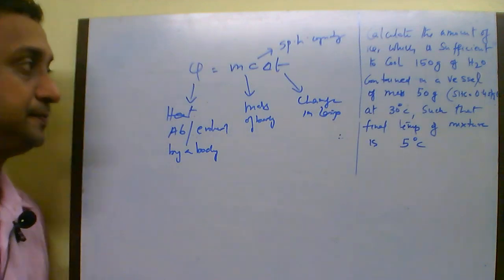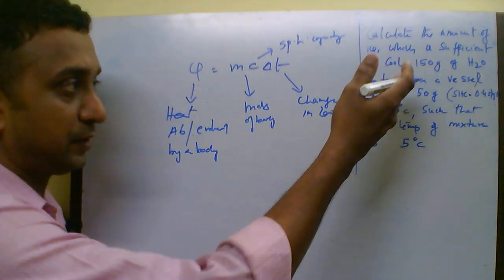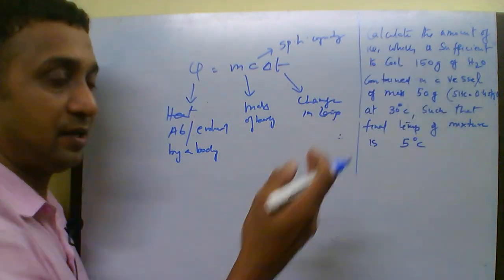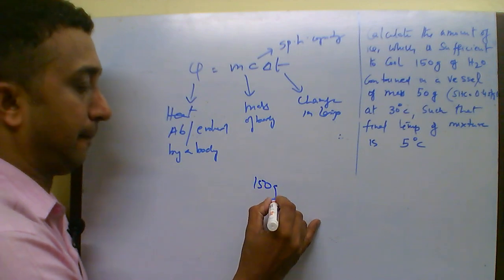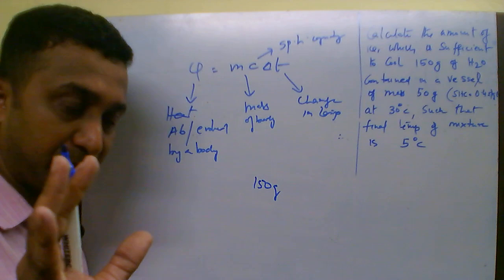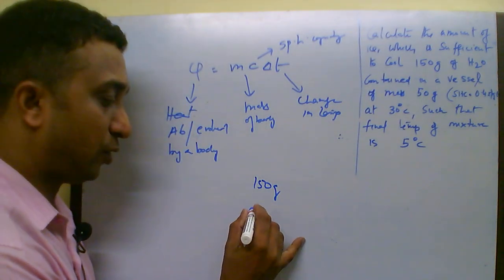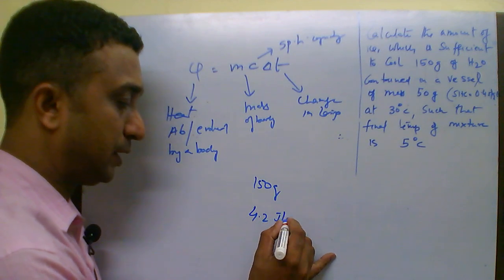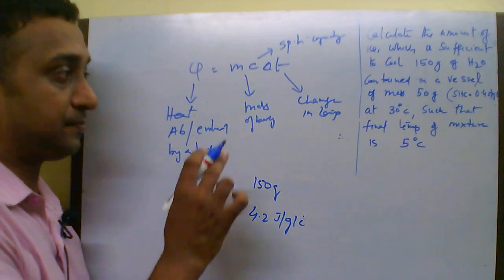For example, in this particular question you can see 150 grams of water, so the mass of water is 150 grams, and specific heat capacity is a constant for a material, and for water it is 4.2 joules per gram per degree Celsius. I will explain what specific heat capacity is.